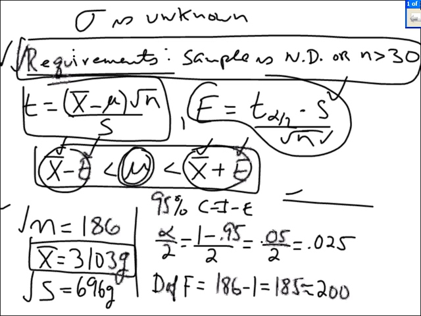So in the middle here, 95%. That leaves 5% left over. 2.5% goes here, and 2.5% goes here. 2.5% just happens to be 0.025. So we go to two-tailed test. We look under 0.025.